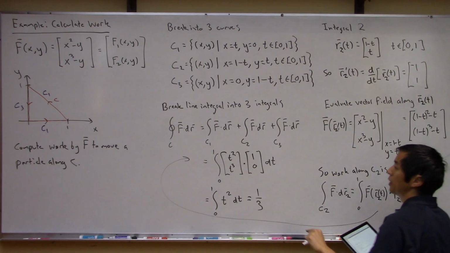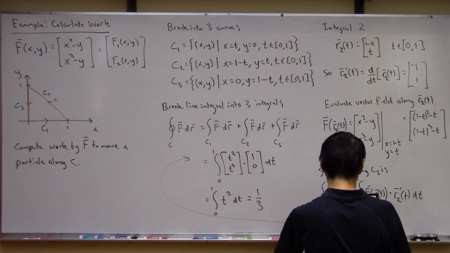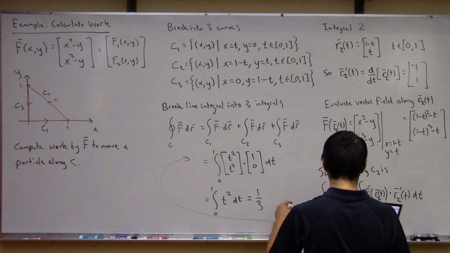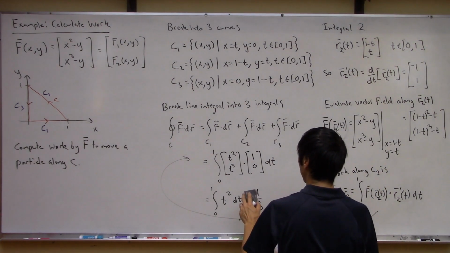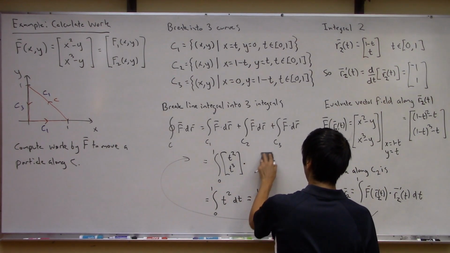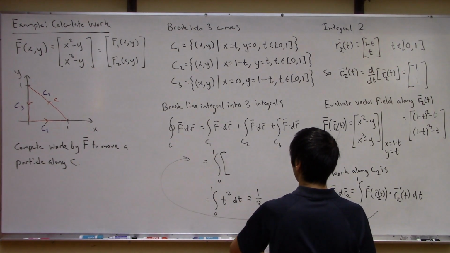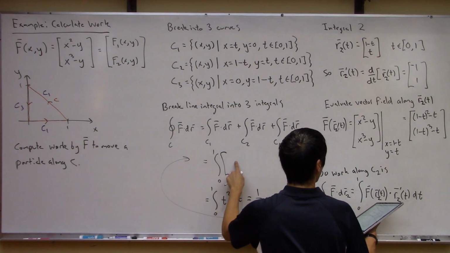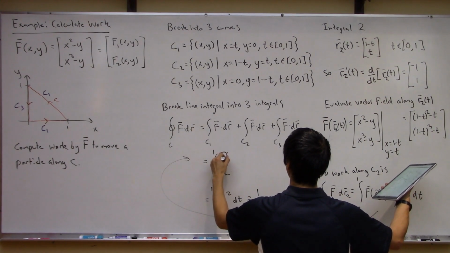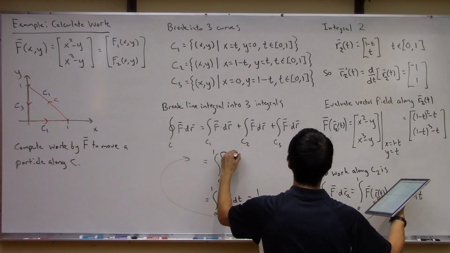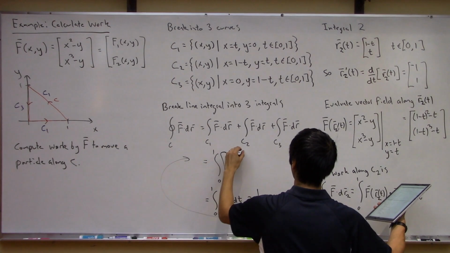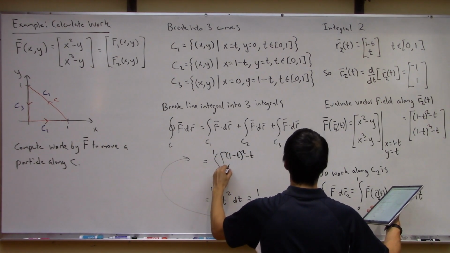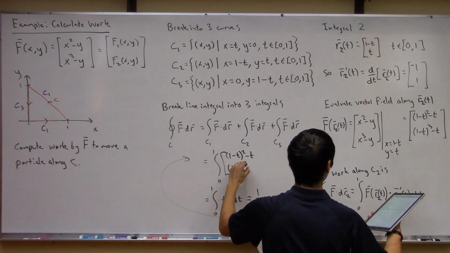Again, we end up with this term over here, and I think this is a little bit of plug and chug at this point, but we can do a few more terms for completeness. We want this term, which is the vector field along the curve: (1 minus t) squared minus t, and then (1 minus t) cubed minus t.